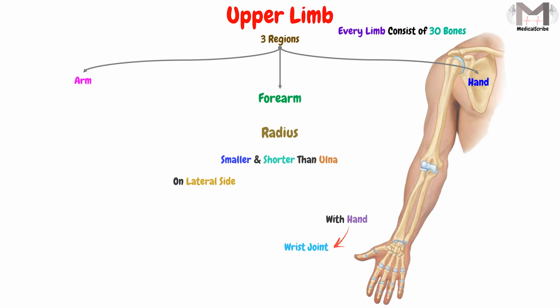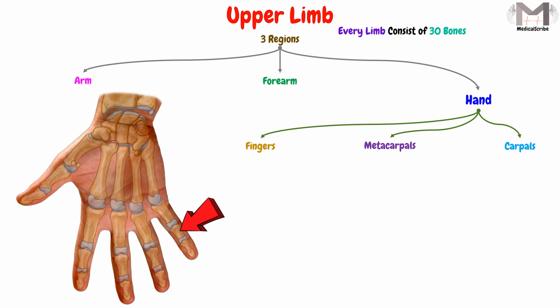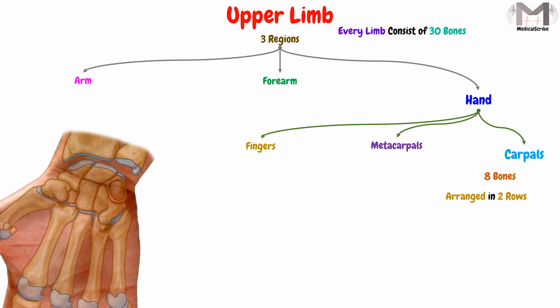Well, the last region is the hand. This region consists of the carpal bones, the metacarpal bones, and the fingers. The carpal bones are 8 bones arranged in 2 rows, proximal and distal. And in every row, there will be 4 bones.